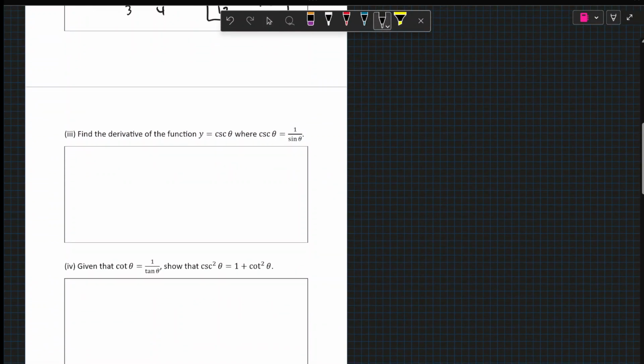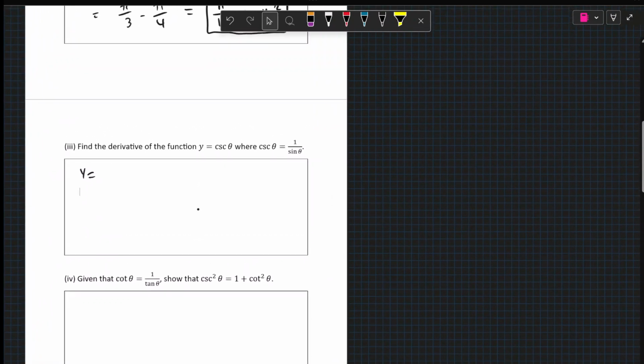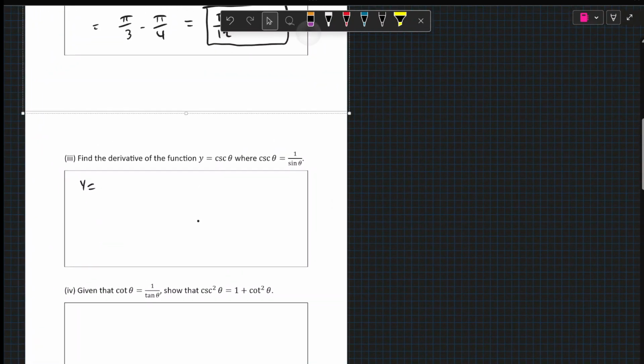So we're trying to find the derivative. So y equals. Now there are actually two ways to do this. Either you can use the chain rule, or you can use the quotient rule. I'm going to use the quotient rule.